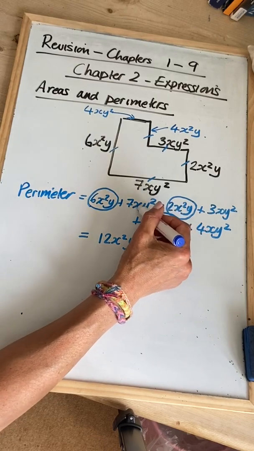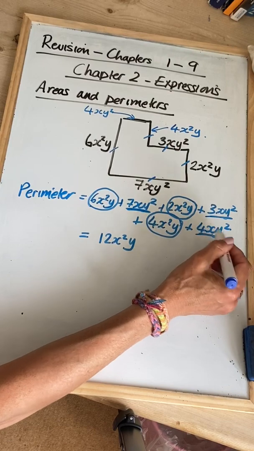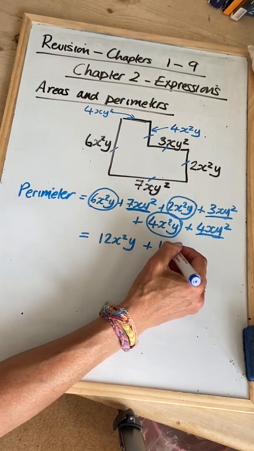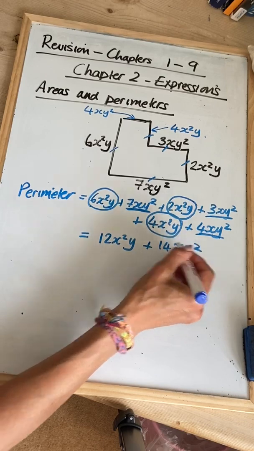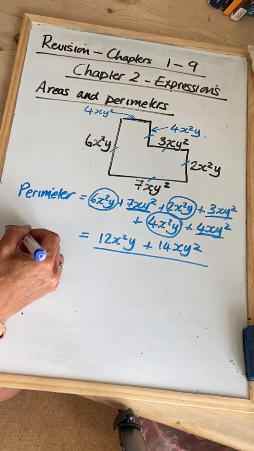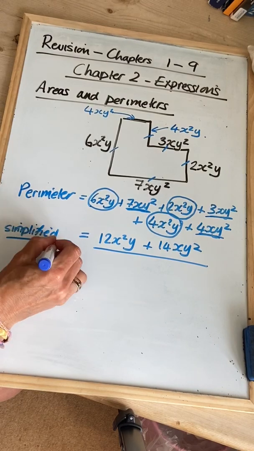And with our xy squared terms, I'll underline these, that one, and that one. We've got 7 plus 3 plus 4, we've got 14 of those. So that is simplified, and they always want you to simplify. Yeah, they always want it to be in the simplest terms.